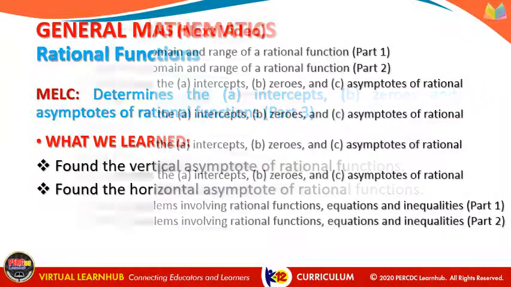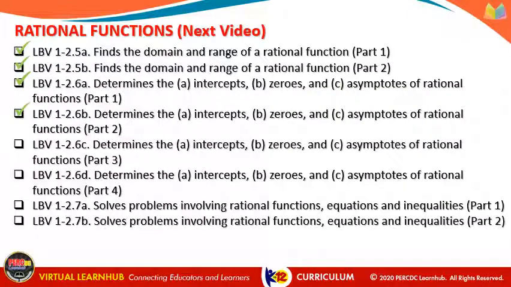So we're done with LBV 1-2.6C. Our next topic is the last video na sa 1-2.6. So the next video will be 1-2.6D. Ano naman ang i-discuss natin sa 1-2.6D? Let's apply the concepts of intercepts and asymptotes to get the range of more complex rational functions.